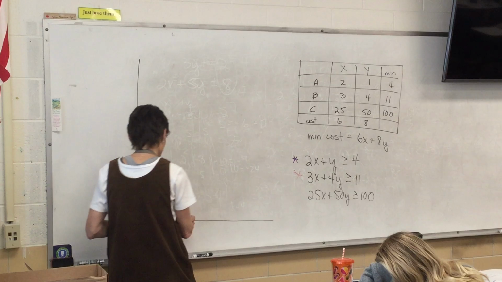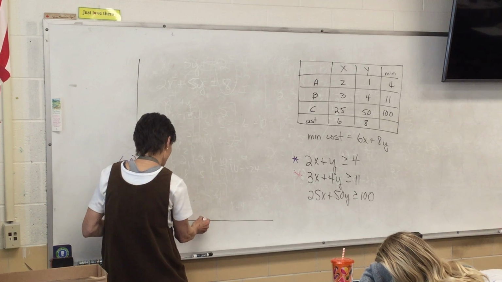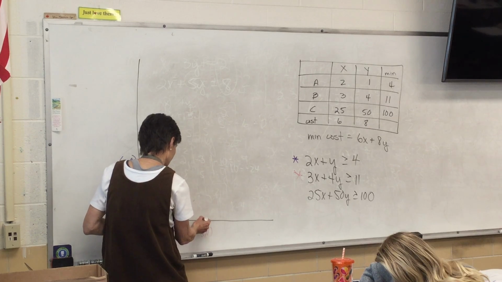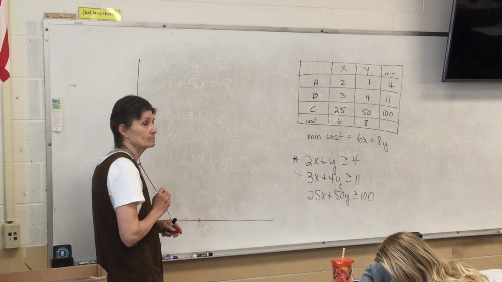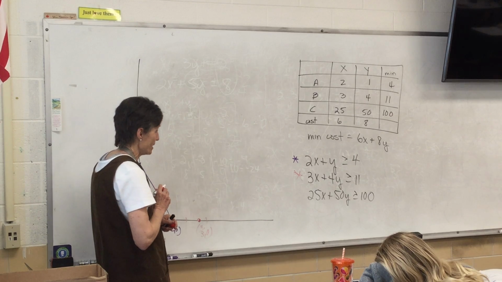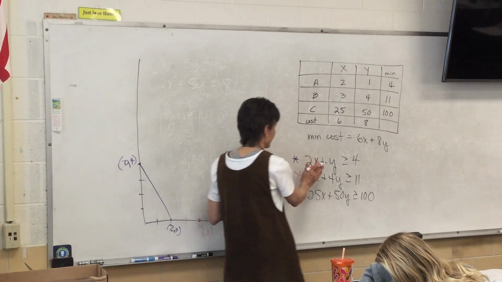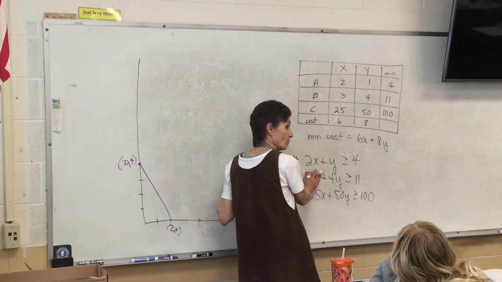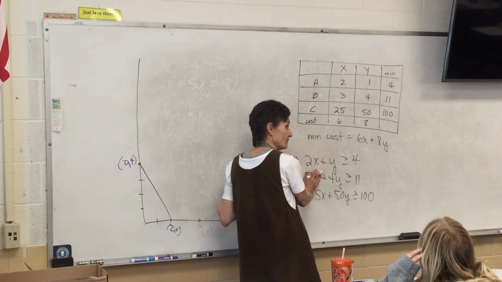So I'm going to come out here. There it is, 11/3, comma 0. And then the same thing's going to happen. I cover up x. y is going to be 11/4, which is about 2.75.